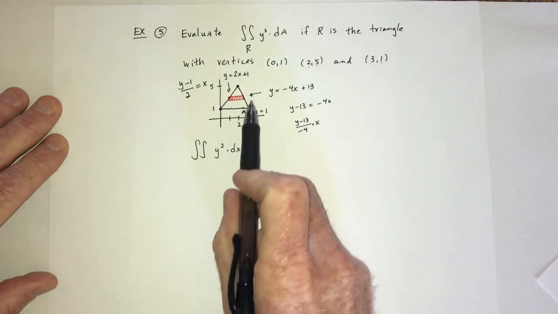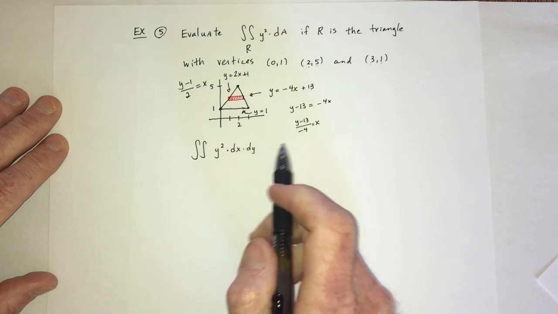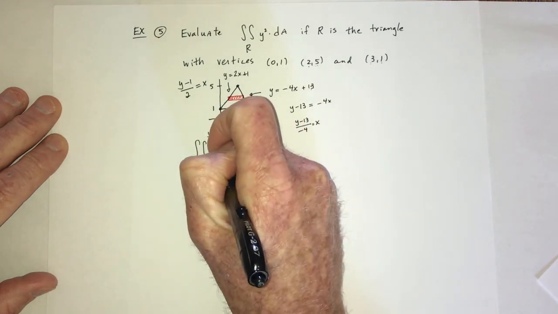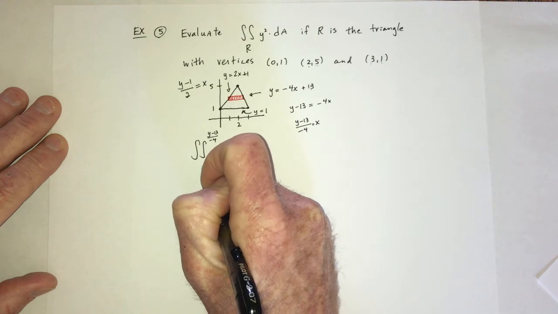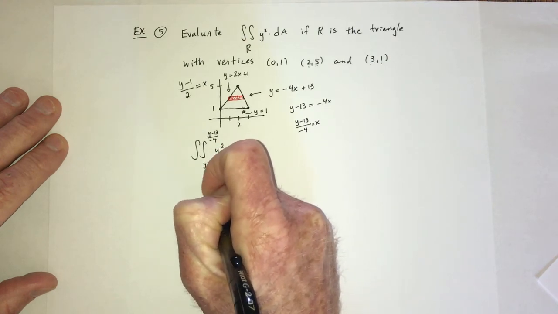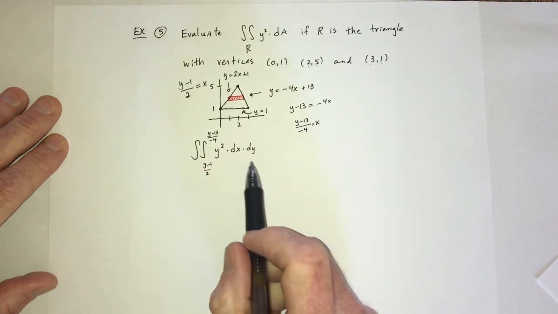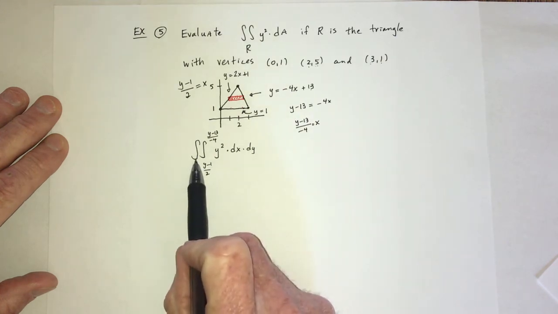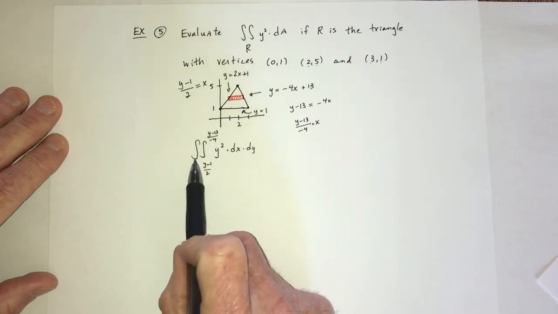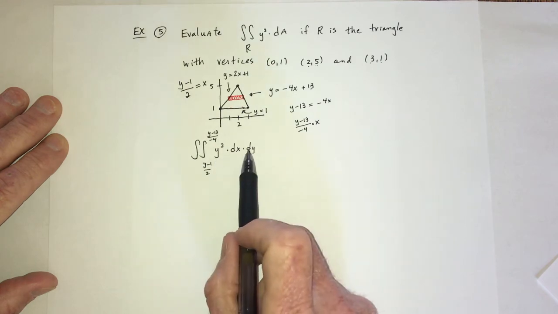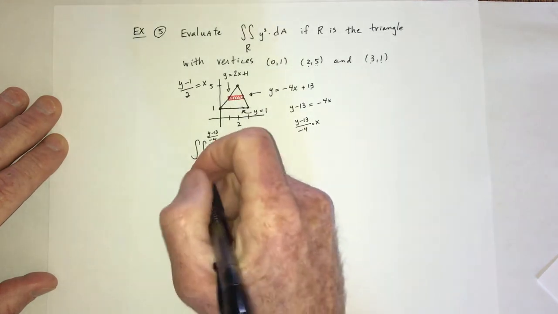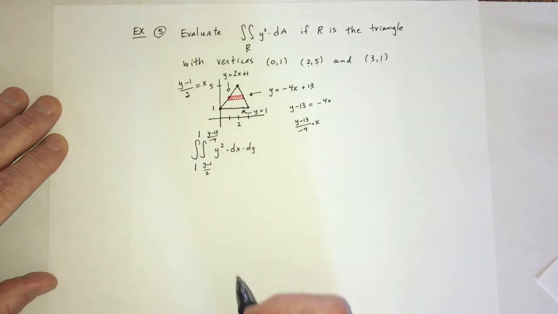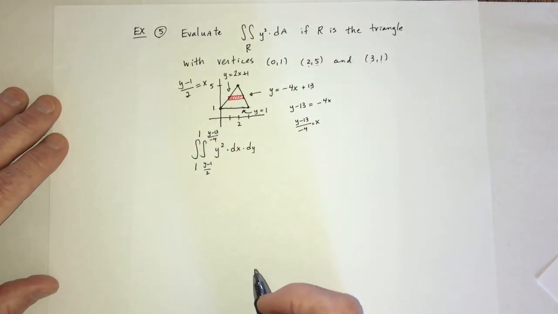And for the top, it's the one on the right, so that's this one. So y minus 13 over negative 4, and this one is y minus 1 over 2. And then for the last one, these need to be functions, and these need to be numbers. So what does y go from? So y goes from 1 at the bottom to 5 at the top. So from 1 to 5.